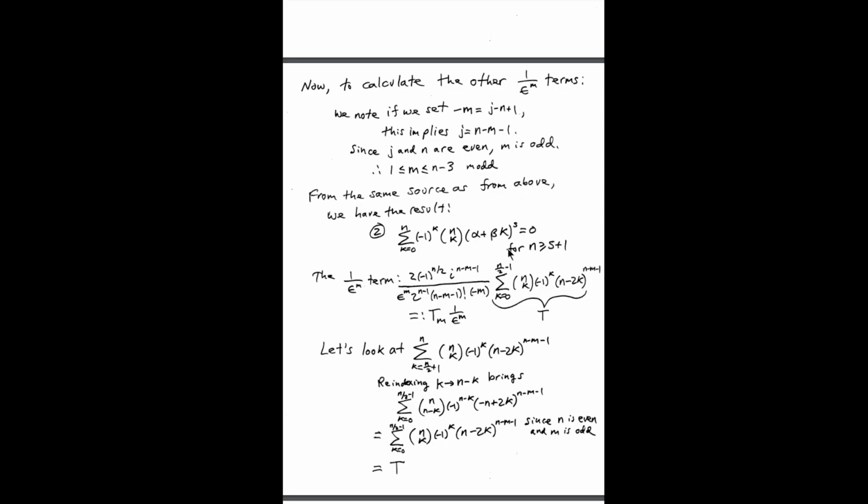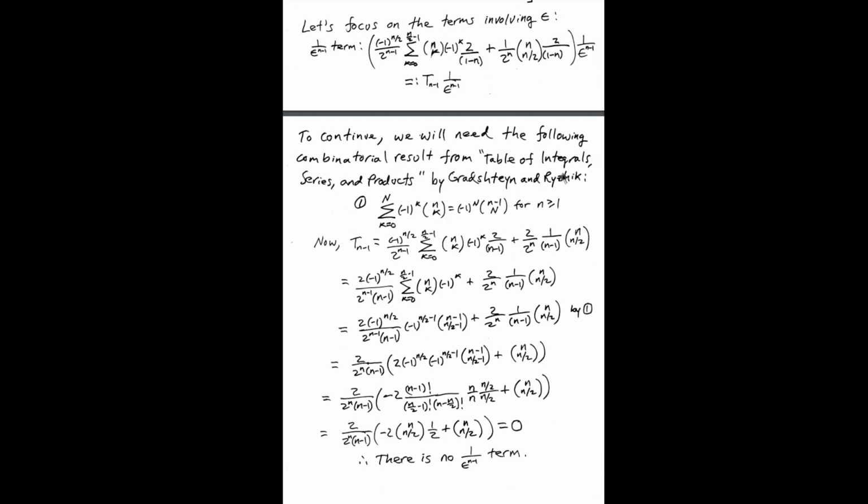And this is valid for n greater than or equal to s + 1. This comes from the same source here, the table of integrals, series, and products, if you want to check that out. Okay, let's look at the 1 over epsilon to the m term.